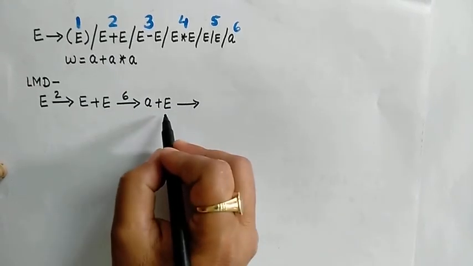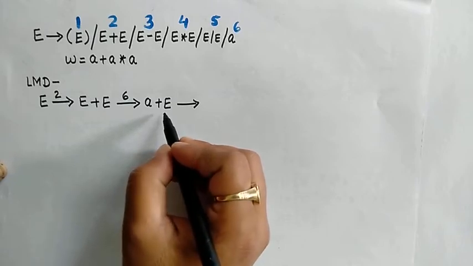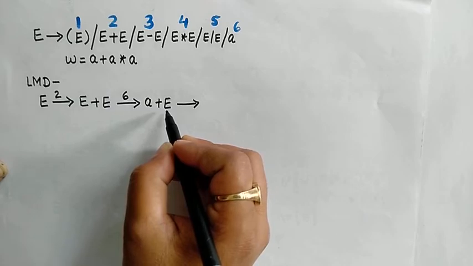Then only one variable is there, so this is the leftmost variable at this point of time.